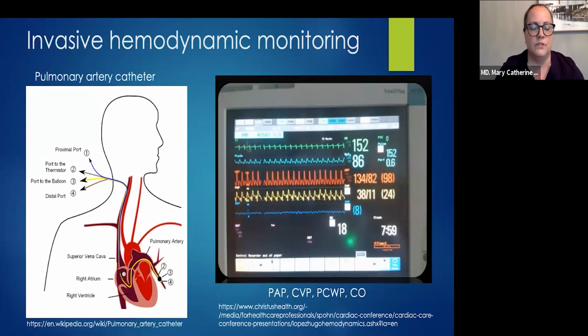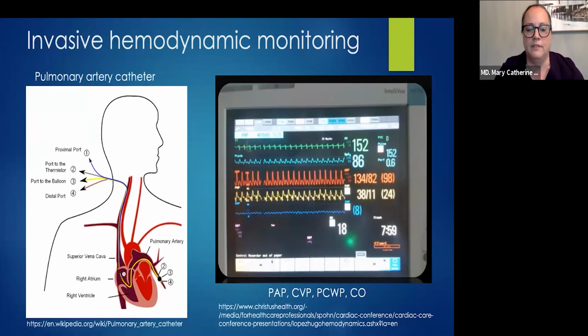Historically, pulmonary artery catheters, which are inserted typically through the internal jugular vein into the heart and into the pulmonary artery, were used to more directly measure things like pulmonary artery pressure, central venous pressure, and pulmonary capillary wedge pressure.